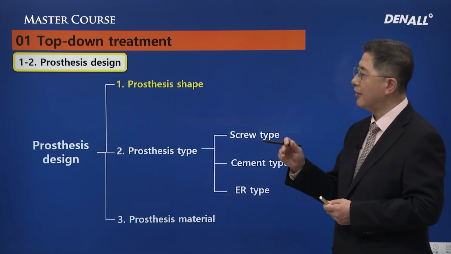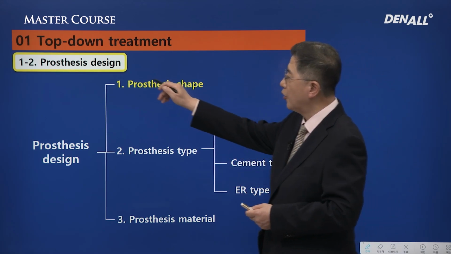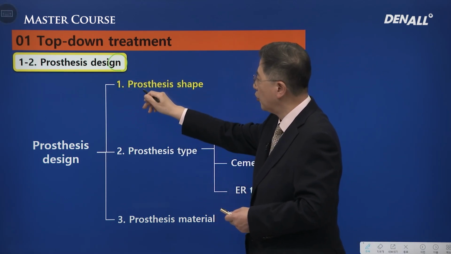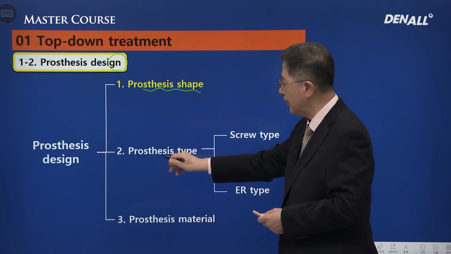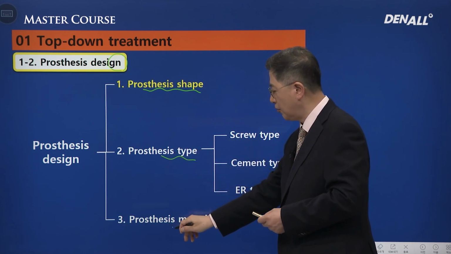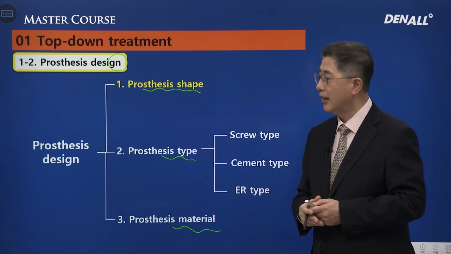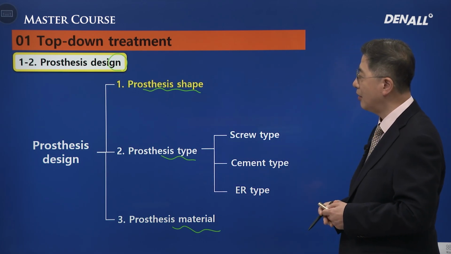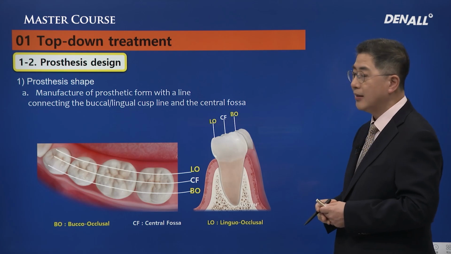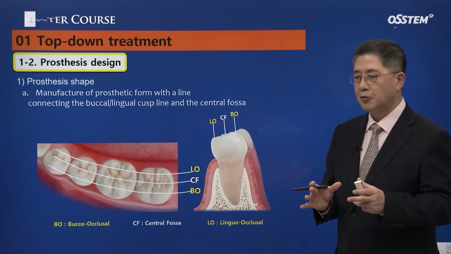When thinking about the suprastructure, we need to think about various factors like the type of prosthesis material, first, and then determine the implant placement position.